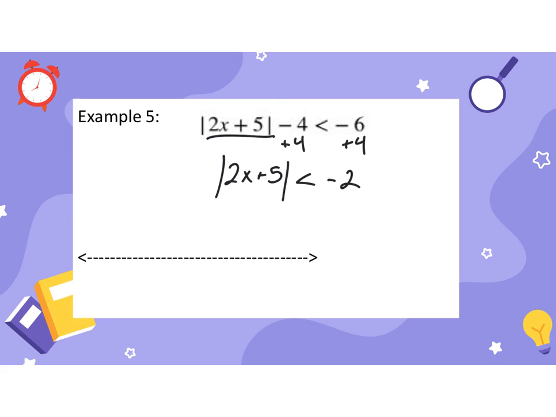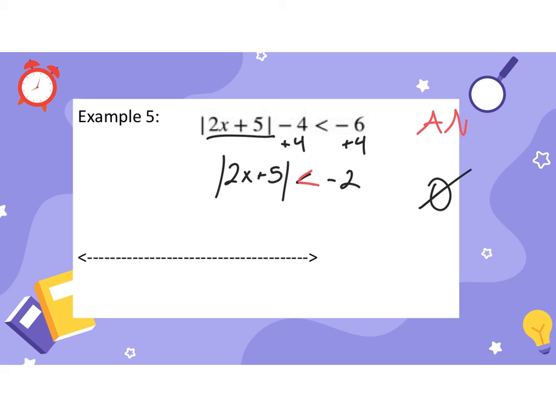Can a positive number be less than negative 2? Hopefully you decided it was a no solution. A positive number cannot be less than negative 2. Okay? But if I didn't see it, let's just go ahead and work this one out.